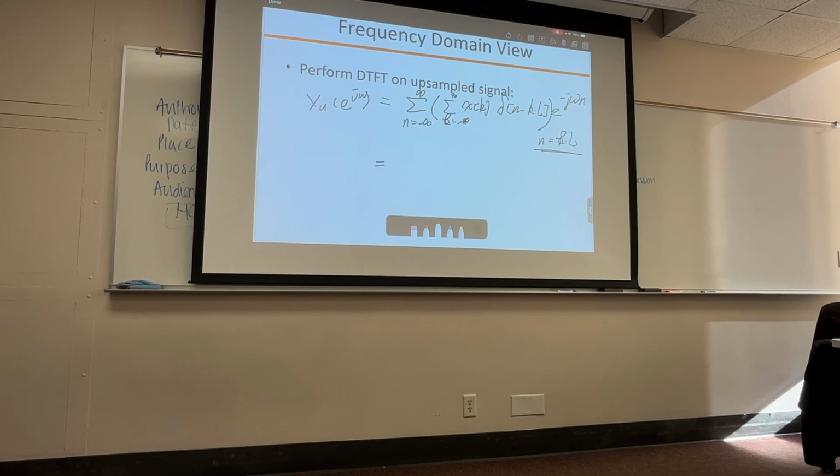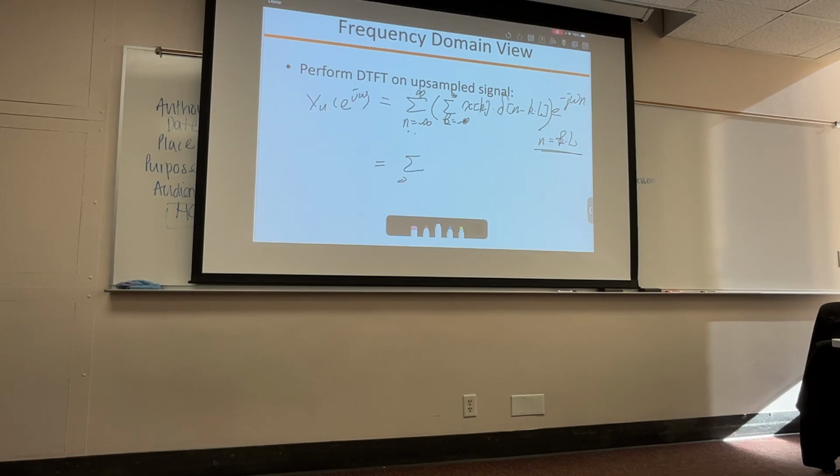It's only when n equals k times L, so you can plug that in. You can remove most of the terms: looking at n from minus infinity to infinity, most of them are zeros. Only when n is k times L has a value, so we're gonna take out that first sigma.